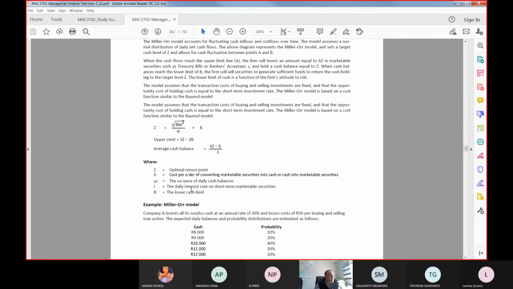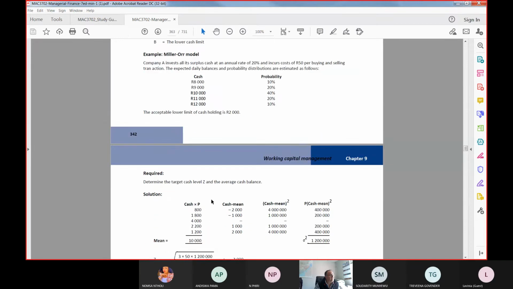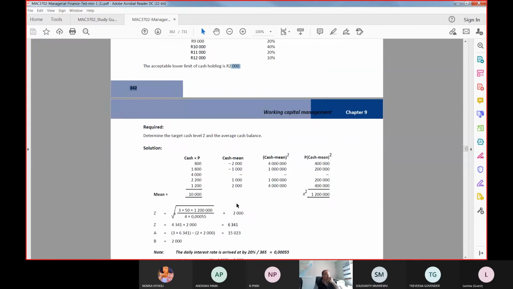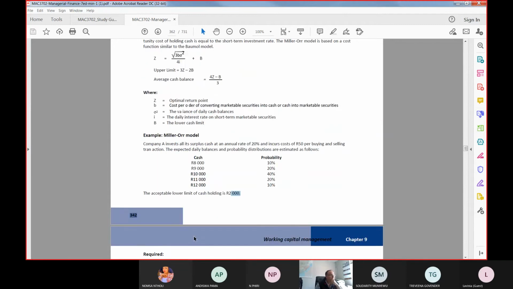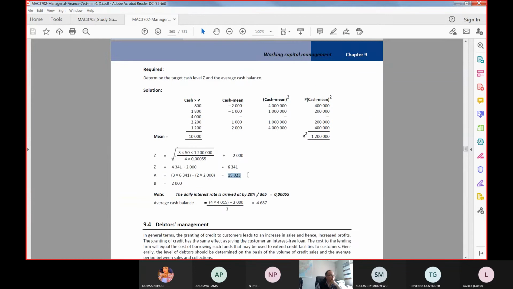Sorry, no, we're looking for A. Two times 2,000. 2,000 is the limit. Yes, the holding 2,000. So then we have 15,053. Therefore, B is equal to 2,000. But we already knew that.